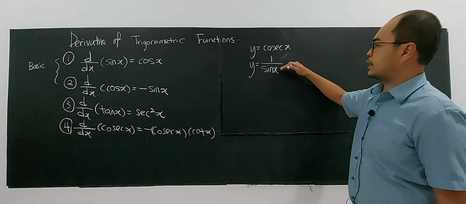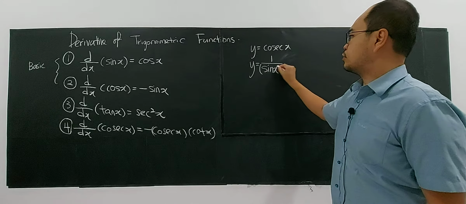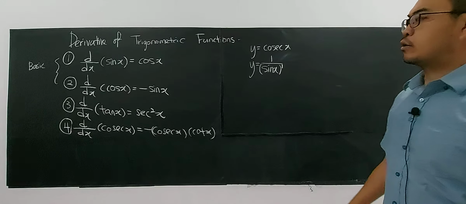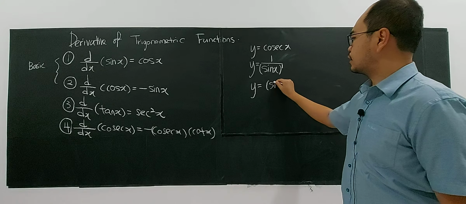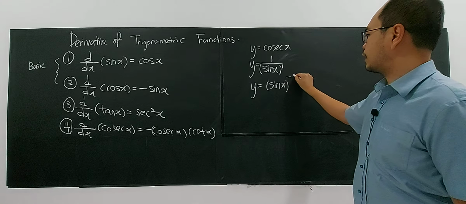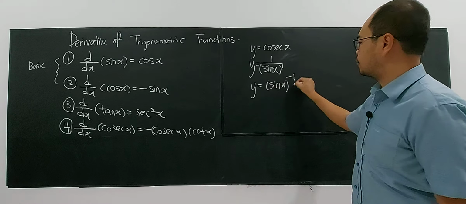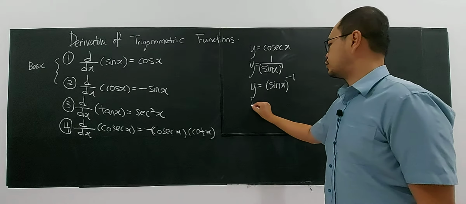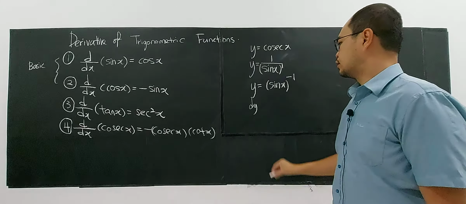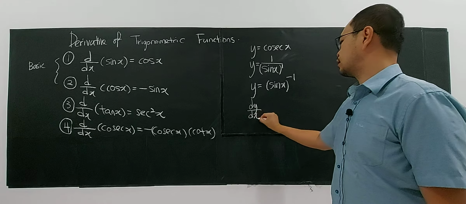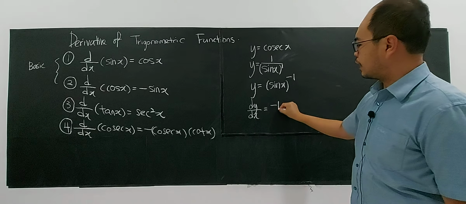In this case, I know this is to the power of 1, so I'm going to use the chain rule, where I write sine x to the power of negative 1. Sine x, everything to the power of negative 1. I'm going to apply the chain rule because this is a composite function of sine inside a reciprocal function. So I differentiate this. There's a power, so I'm bringing the power in front, negative 1.